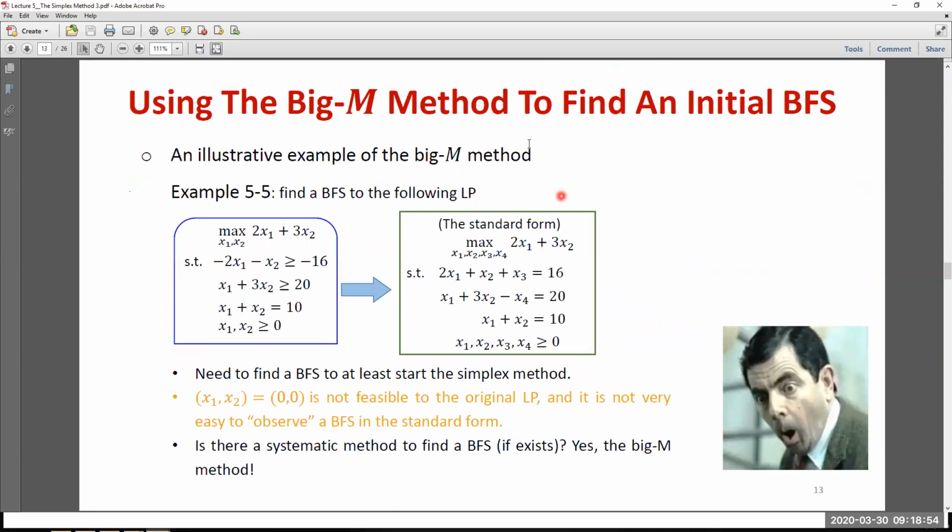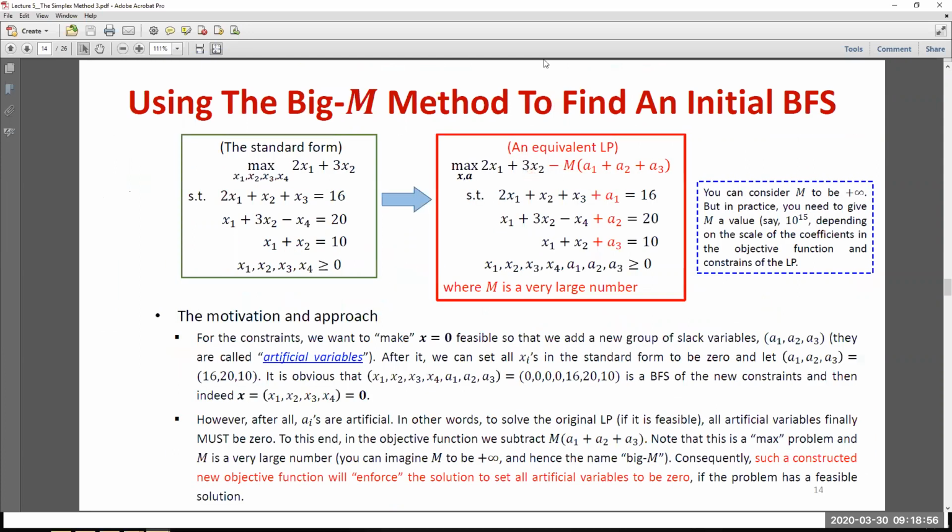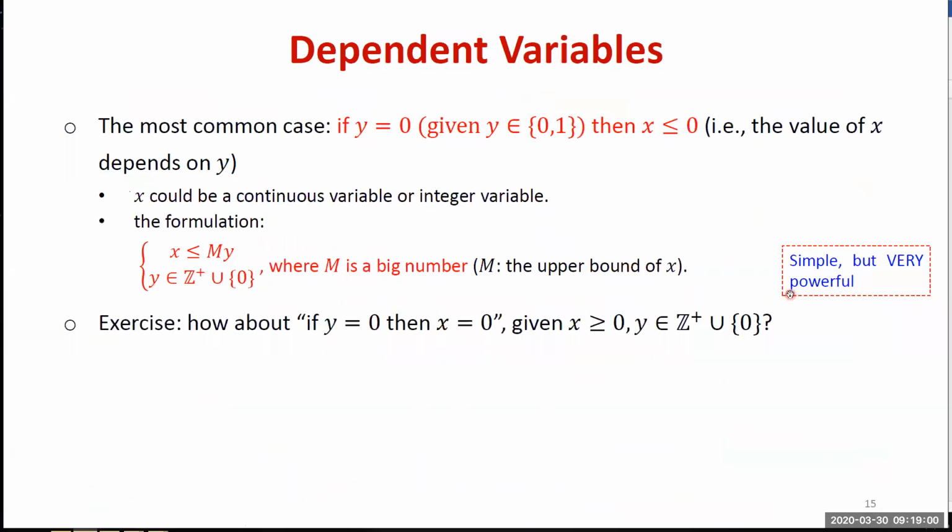Remember this one, the big M method. Okay, so here the big M uses the same concept, but it's a different thing. Here it is for modeling. The one used in the big M method of the simplex method is to find an initial basic feasible solution. But here M is also a very, very big number.